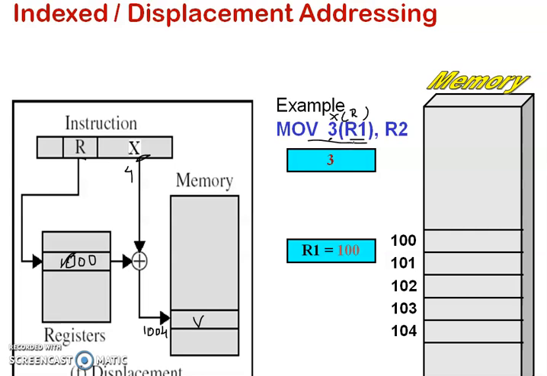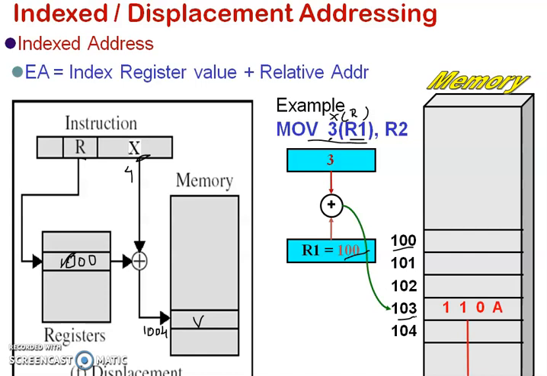R1 is having what value? 100. So 100 plus 3, you will be getting the memory location 103. What is the value that is stored in 103? It will be copied or moved to the register R2. So effective address is the index register value plus the relative address, that is the constant value x.